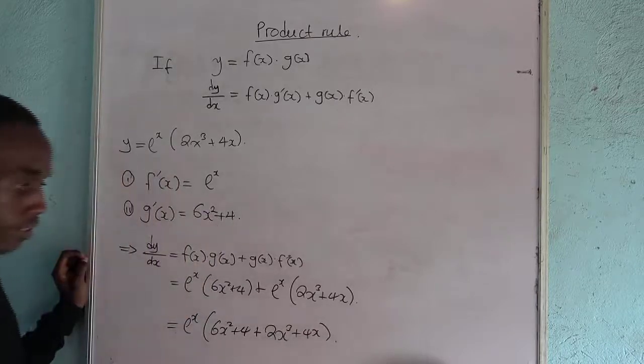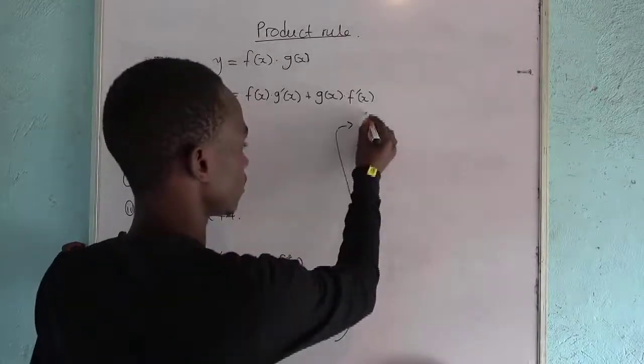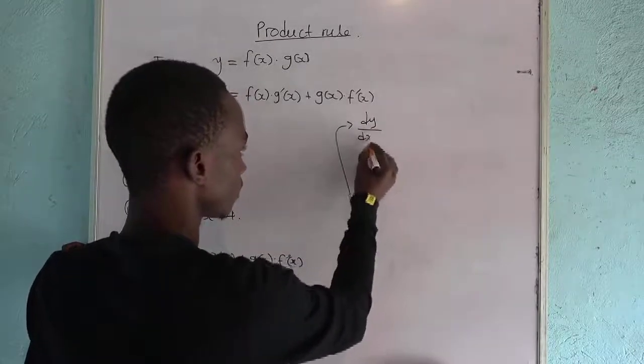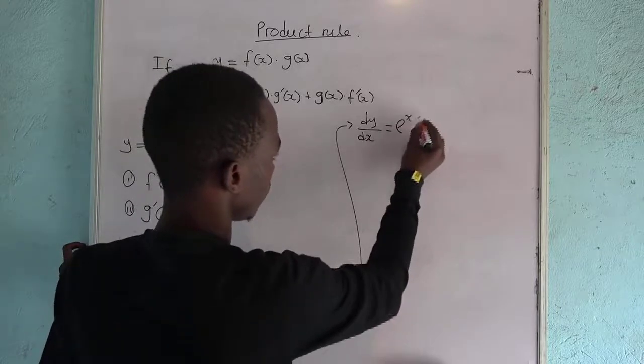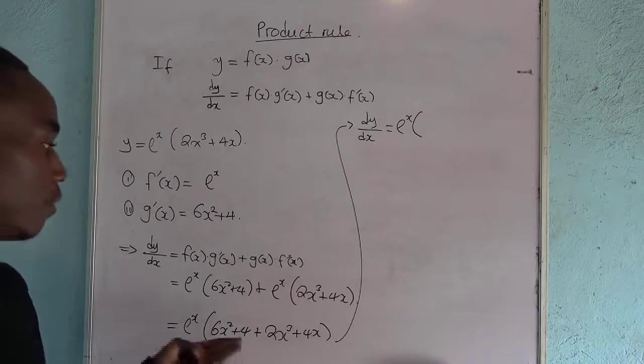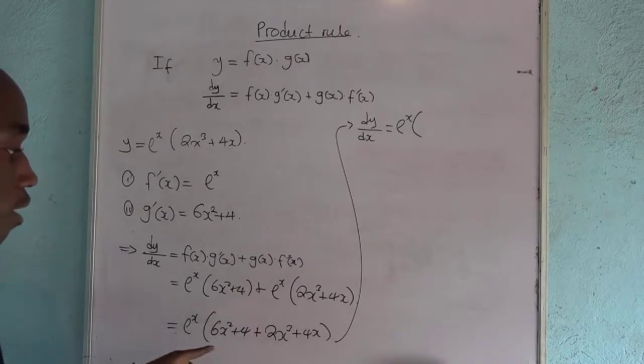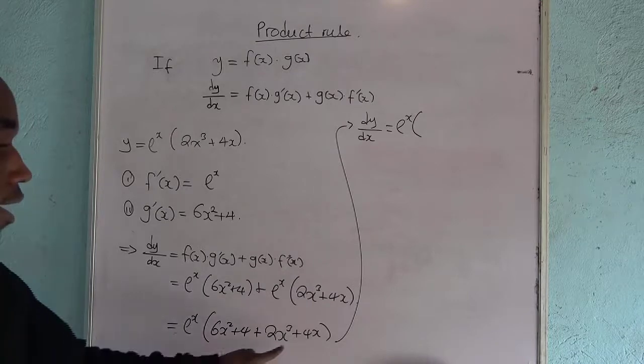From here, I'll bring my solution up there so that everyone can see. dy dx is equal to this. And then for what we have inside here, if there are no like terms, I think the best we can do is to arrange them in a proper order, maybe beginning with the highest power.